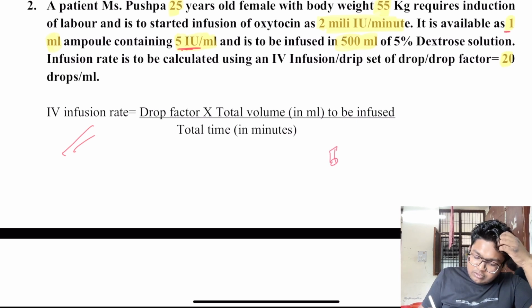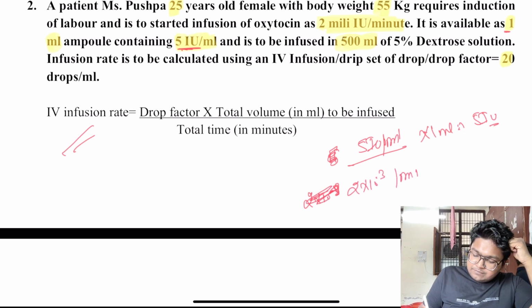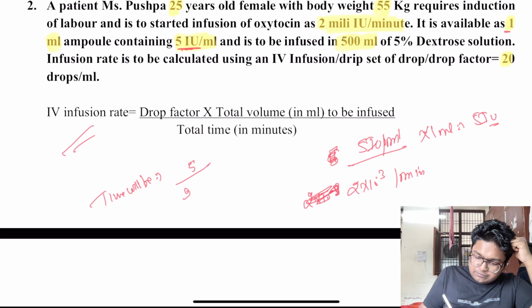So we have a total of 5 international units per ml into 1 ml, which is 5 international units, and we require 2 into 10 to the power minus 3 per minute. So time will be 5 upon 2, which will be 2500 minutes.